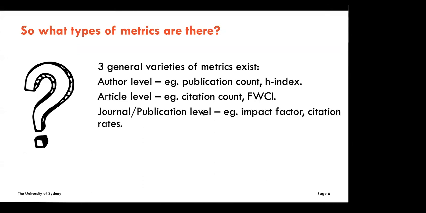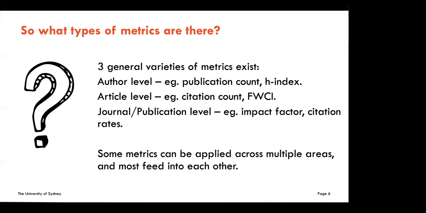And then there are journal and publication level counts. So that's the impact factor of the journal, citation rates, all that sort of stuff. Most metrics apply across multiple areas and they all feed into each other. Obviously, an article can't exist without an author, a journal can't exist without articles. They're all intertwined and linked.